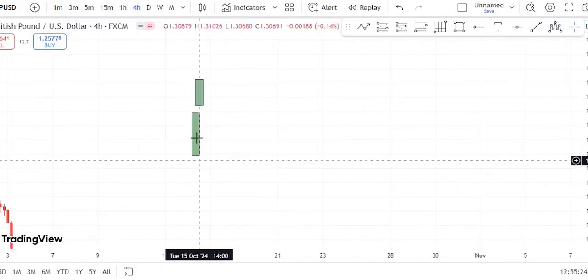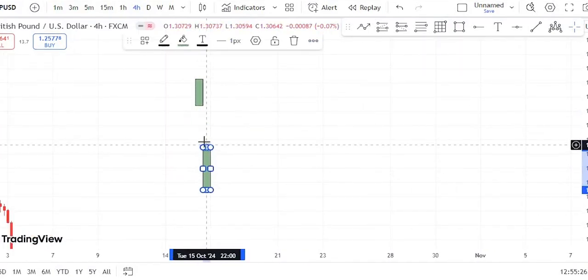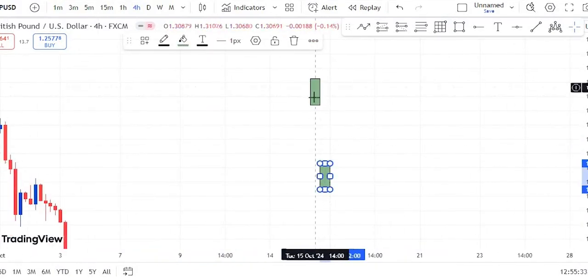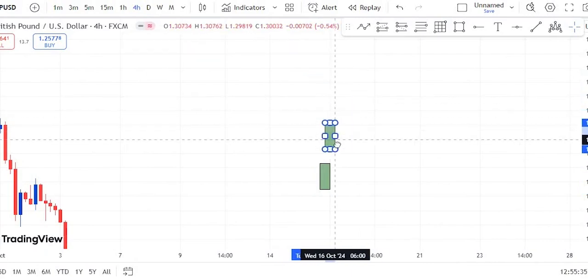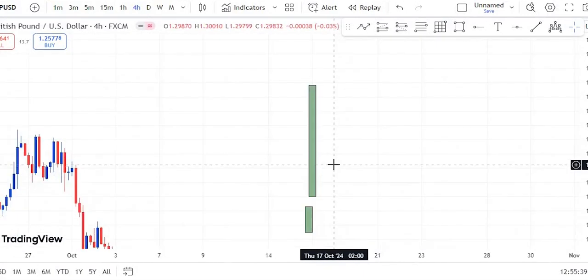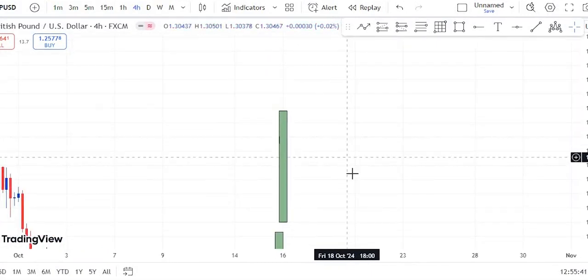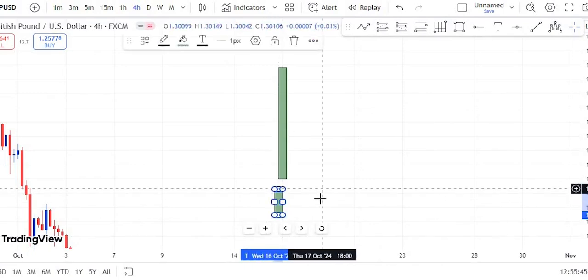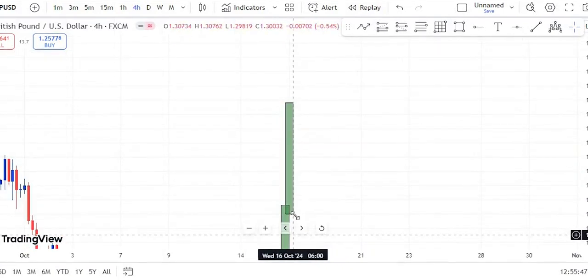This time, let's make it a little bit smaller. Yeah, we have this kind of candle. Then the next candle does something like this. It's this big. Then we have another candle right there, another green candle above it.